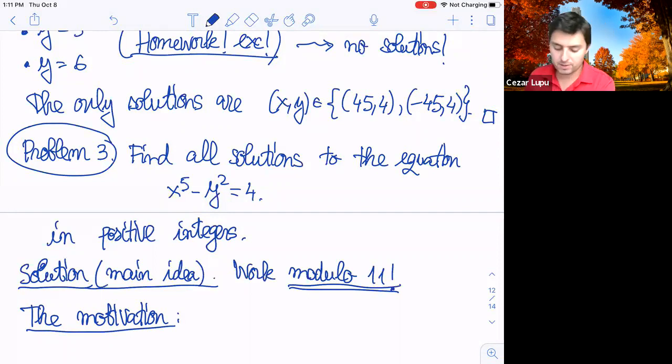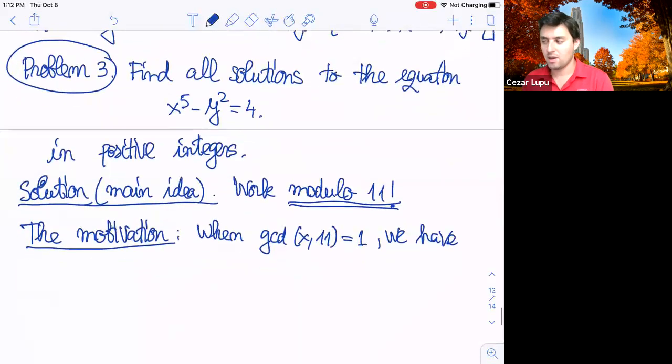The motivation is that when the GCD, the greatest common divisor of x and 11, is 1, so these are relatively prime, we have that x to the 10th is congruent with 1 mod 11.